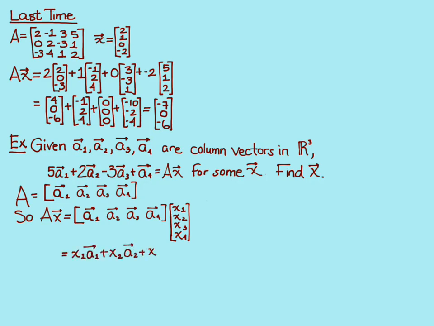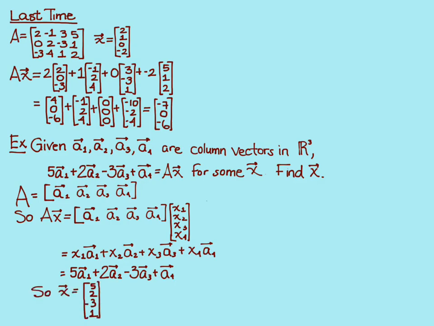And when we multiply them together using the formula that we've been using, we see that x1 times a1 plus x2 times a2 plus x3 times a3 plus x4 times a4 is equal to the value that we were told, so 5a1 plus 2a2 minus 3a3 plus a4. And this allows us to just read off what the values of x must be. So x1 must be 5, x2 must be 2, x3 must be negative 3, and x4 must be 1.